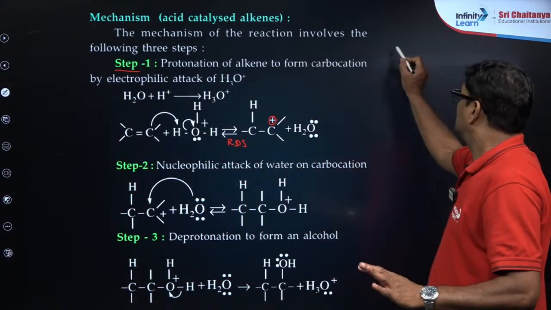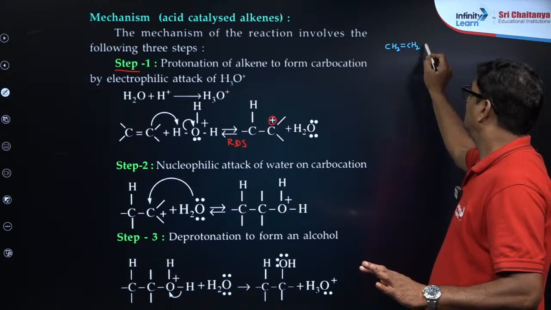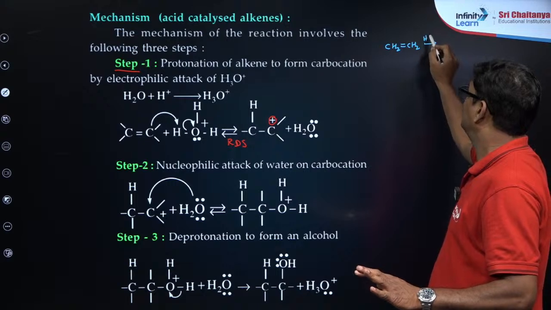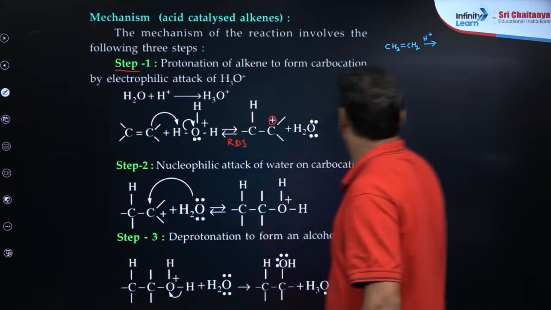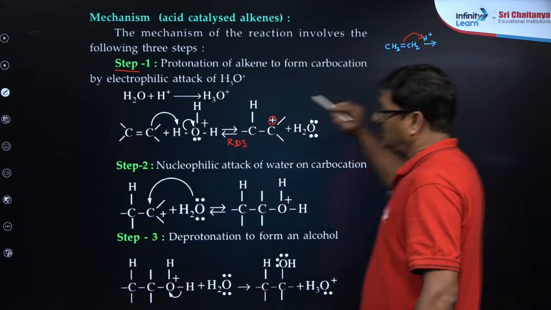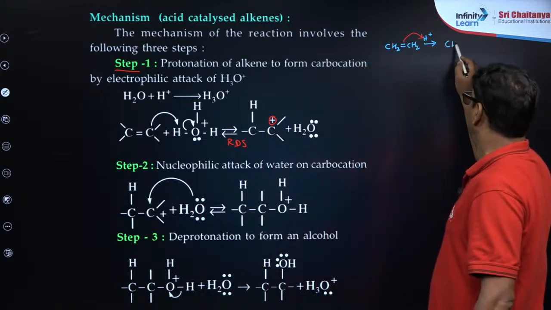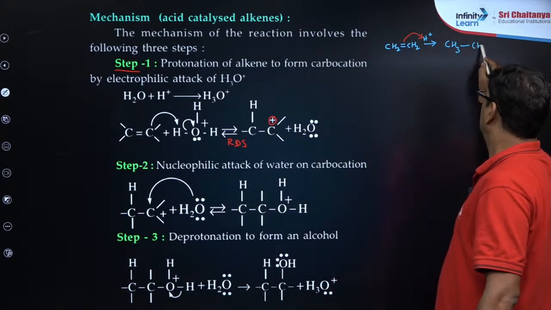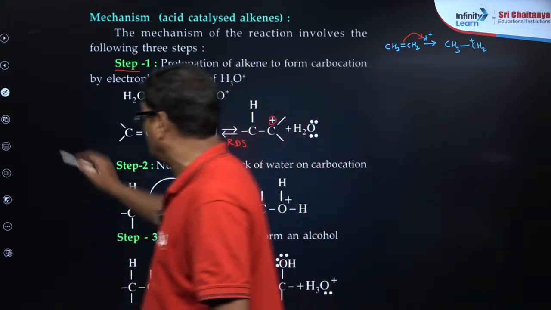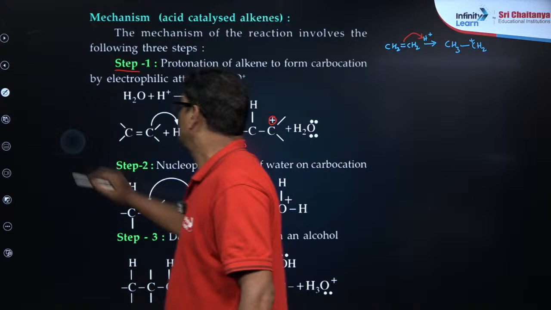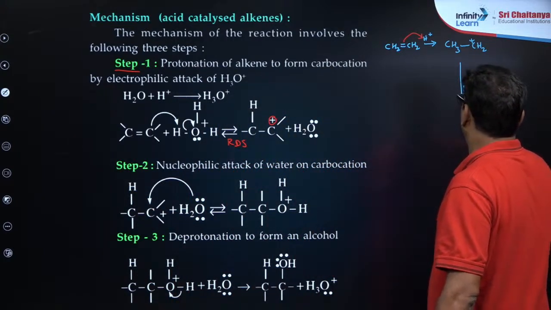If you take CH2=CH2 in the presence of an acid, the pi bond is going to take that acid proton and give you CH3CH2+. This carbocation is going to attract the water molecule, H2O.